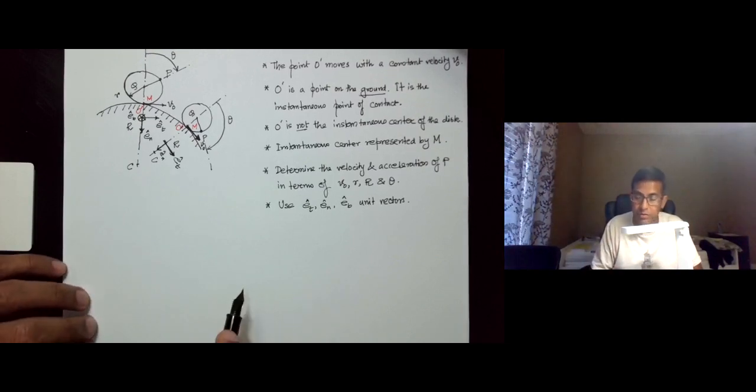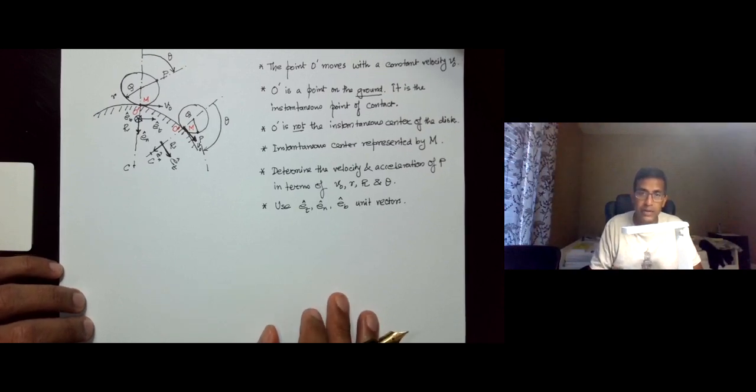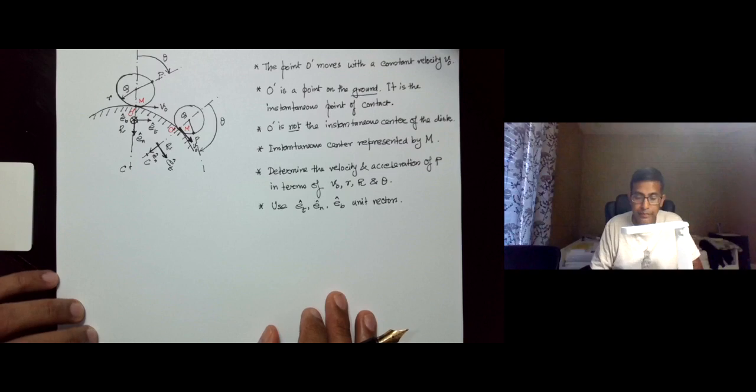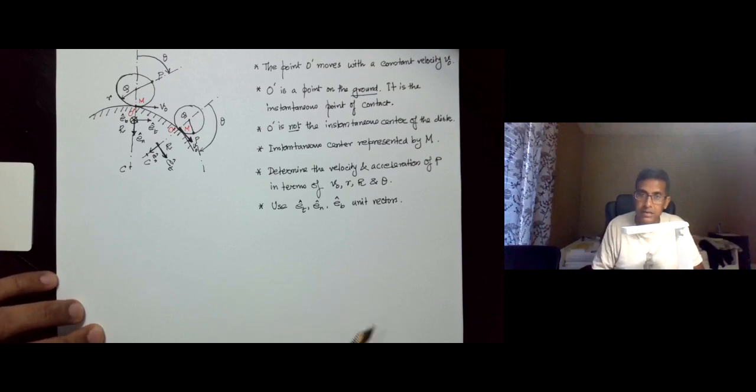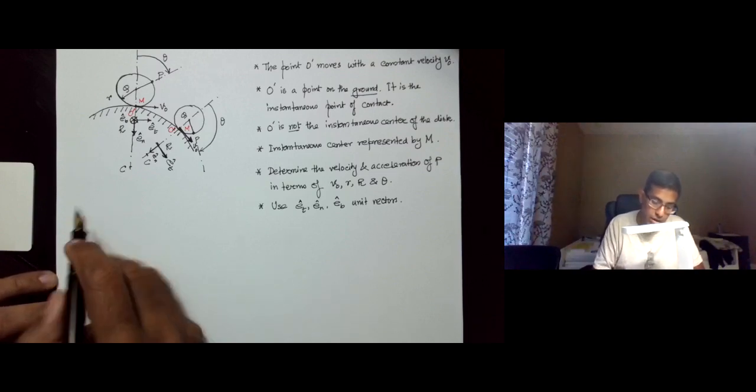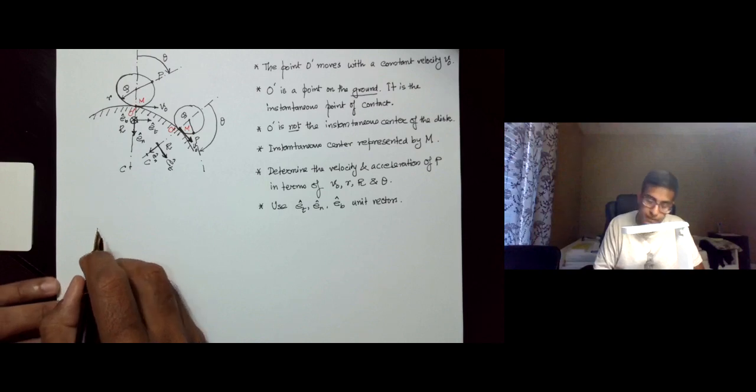So we are going to use those. But even while using those, there can be multiple ways to solve this problem, and we are going to start with one method, and then explore alternate methods.